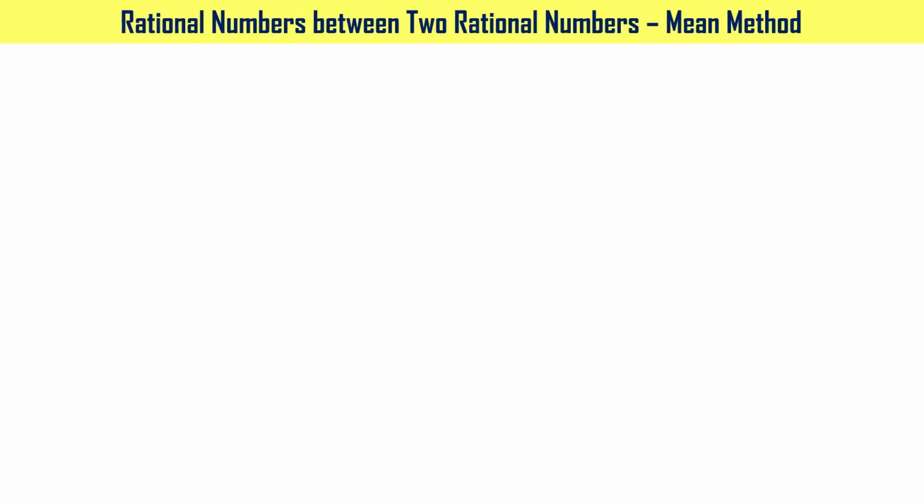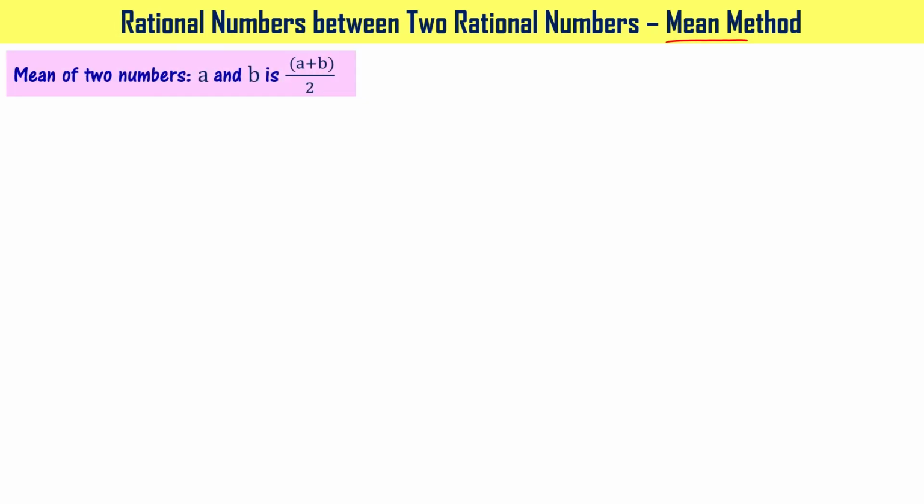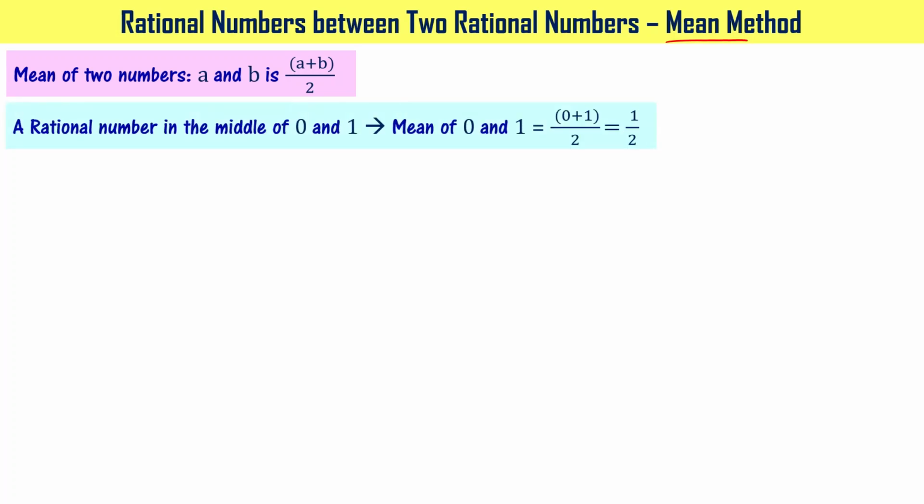Let's try to write rational numbers between two rational numbers using the mean method. The mean of two numbers a and b can be written as (a + b) by 2, right? For example, the mean of 0 and 1 is half.